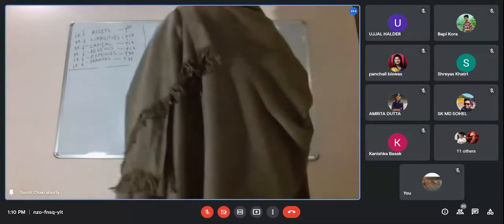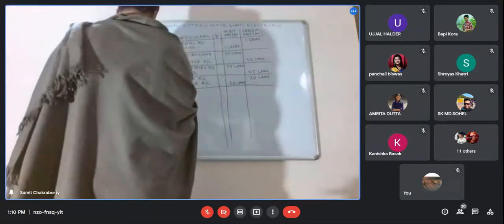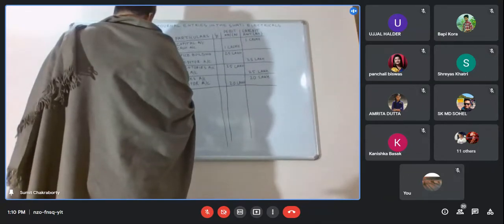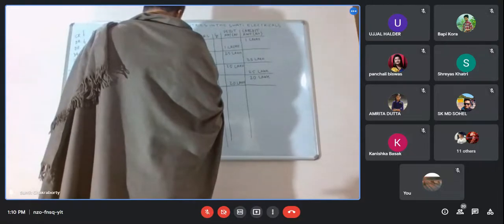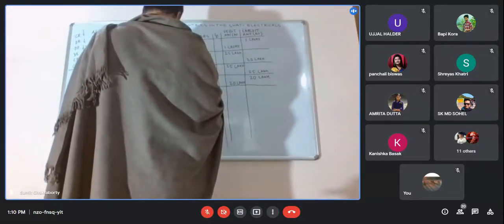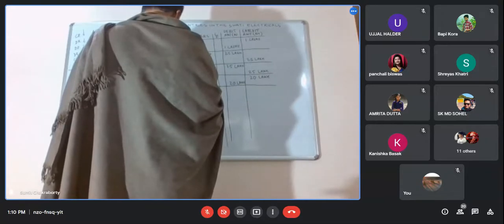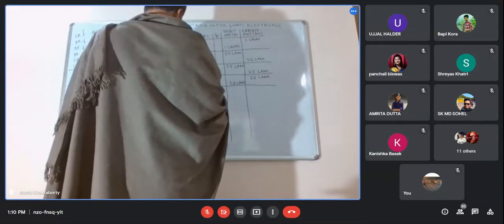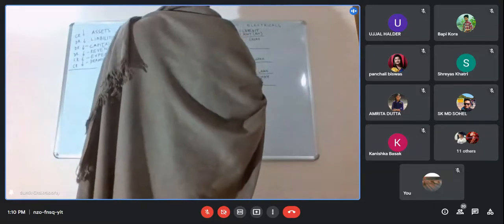Next date is 31st, 31/1/22. Salaries account. How much salary? 1 lakh.